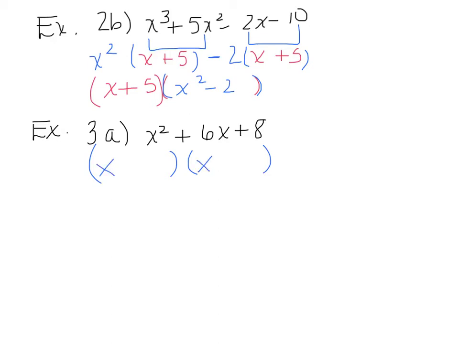And then two factors that would give us 8. But the key is those two numbers that we use have to add up to 6. And so the only two that will work would be 4 and 2.